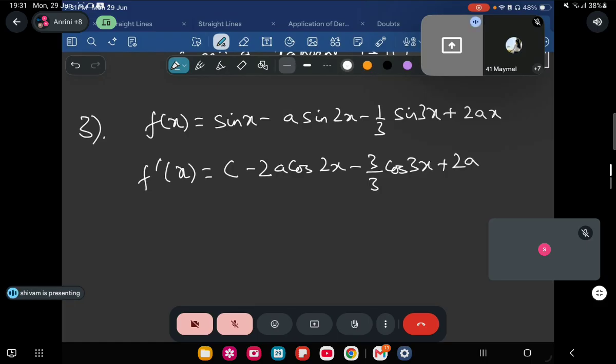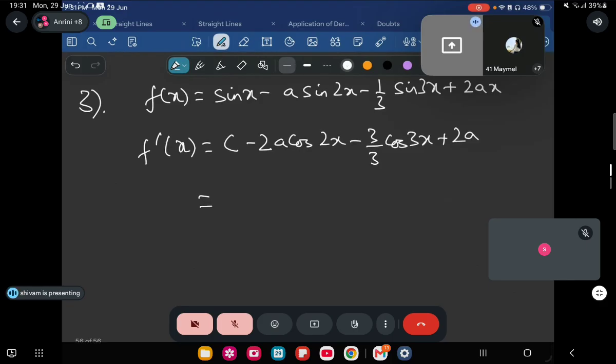Sarthok and Raktim, are people getting? Yes, sir. Now you have to simplify, right? I kept cos x and cos 3x on the left side and 2a cos 2x and 2a on the right side.